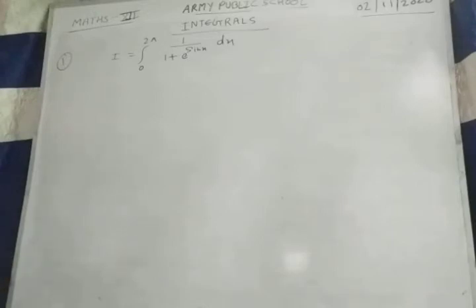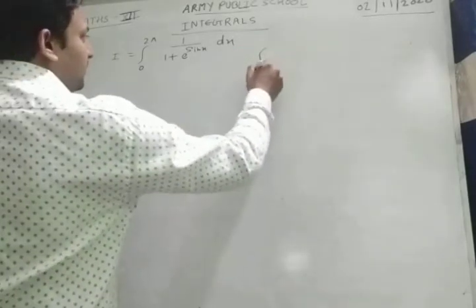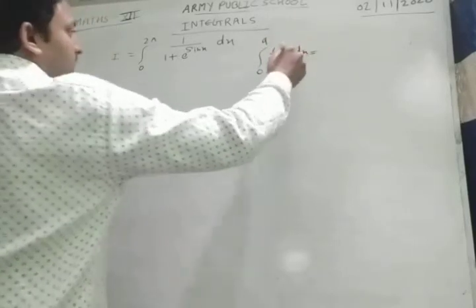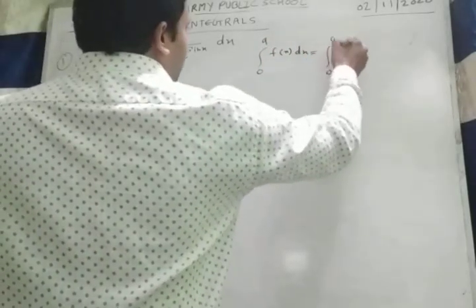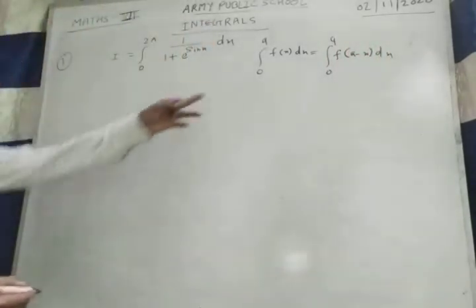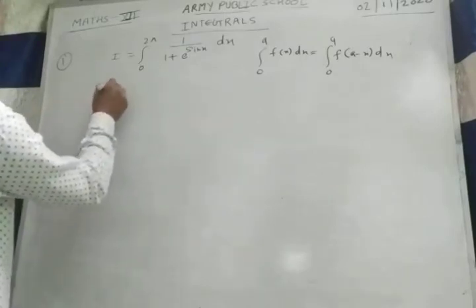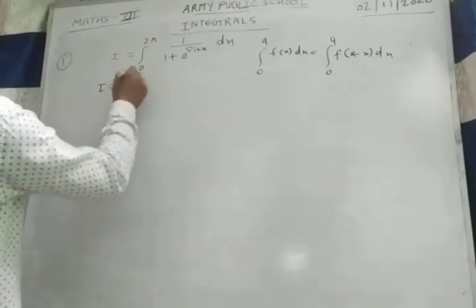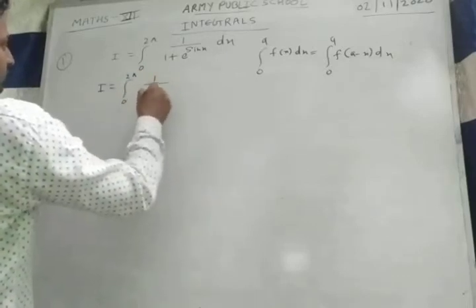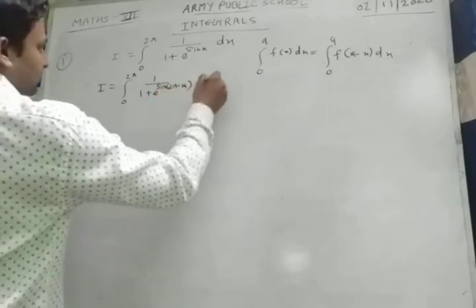So we will apply here the property: integral 0 to a f(x) dx is equal to integral 0 to a f(a minus x) dx. We apply this property and we will write I is equal to integral 0 to 2 pi of 1 by 1 plus e to the power sin of (2 pi minus x) dx.